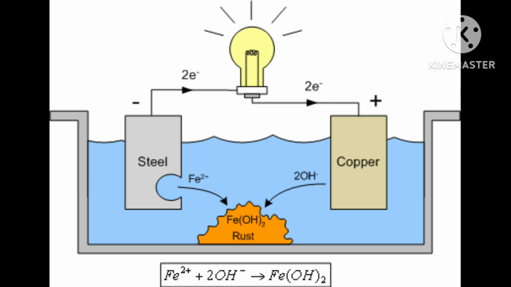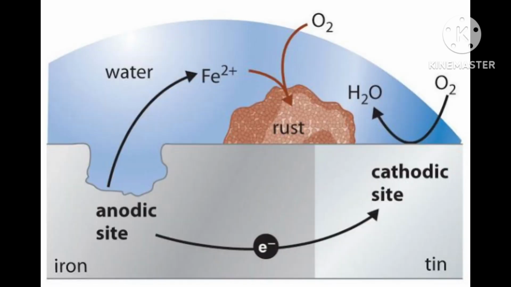Then at cathode oxygen will take the electrons: oxygen plus 4 hydrogen plus 4 electrons. The 4 electrons came from the anode side, and oxygen and hydrogen are present at the cathode.